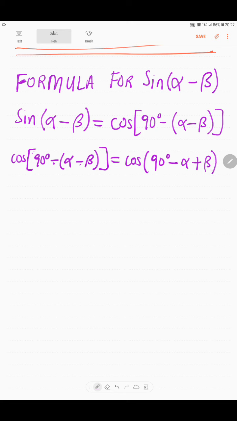From there we can regroup, but we are using the very first formula, so we need this part to be negative. So we will have something that looks like this.